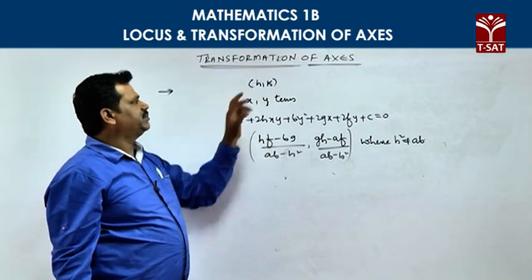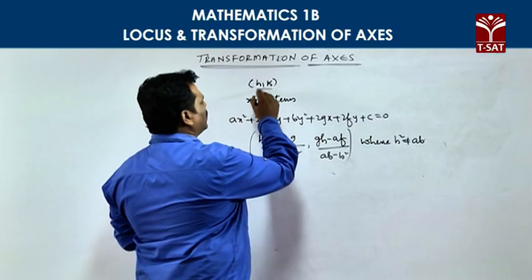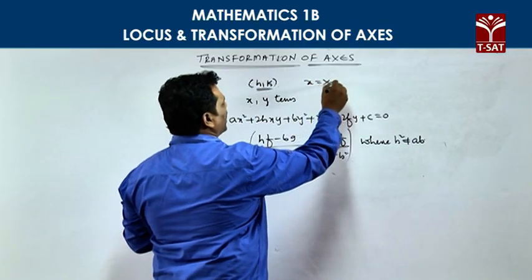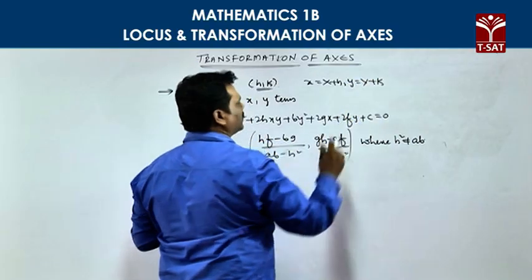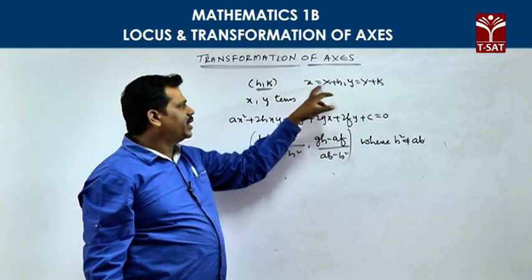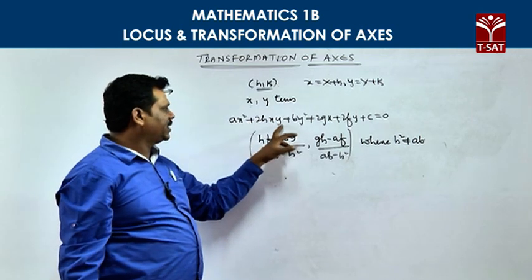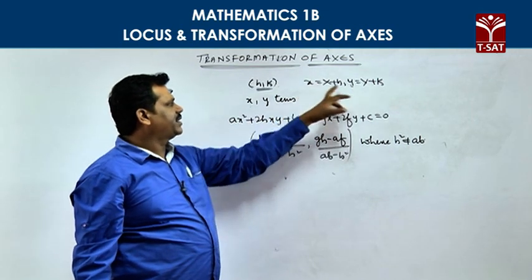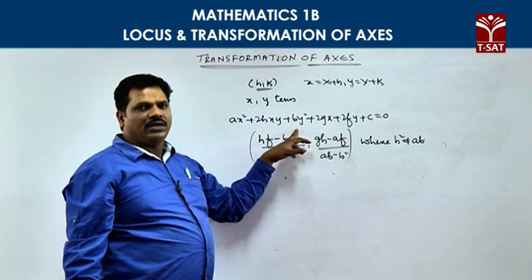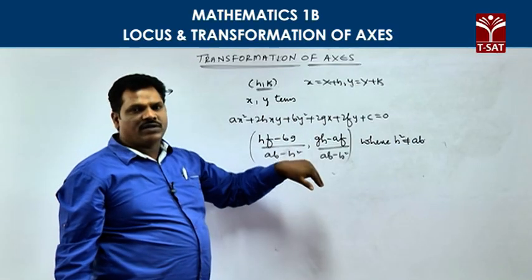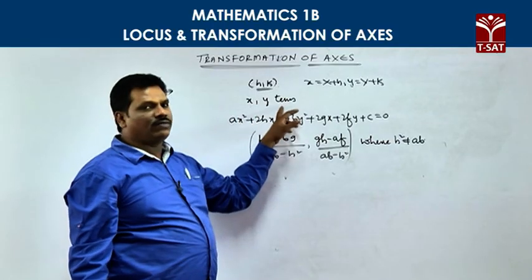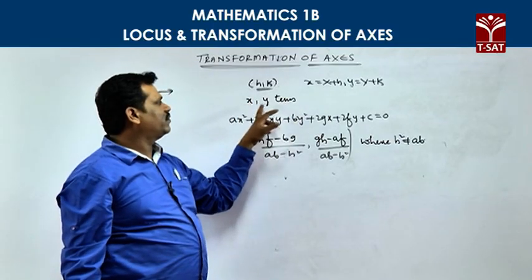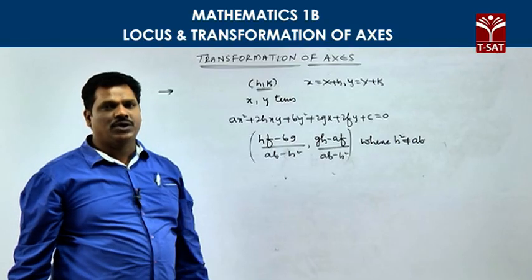We get the origin shifted to (h, k). So we know that small x is equal to capital X plus h, small y is equal to capital Y plus k. We substitute in place of small x and small y in this equation, and we get the new transformed equation. To remove the x and y terms, the coefficients of x and y terms must be equal to 0.